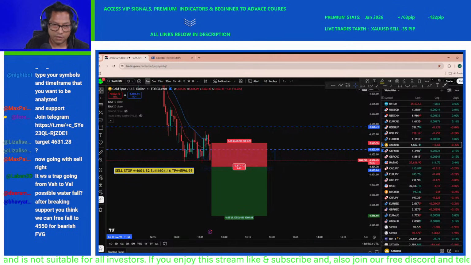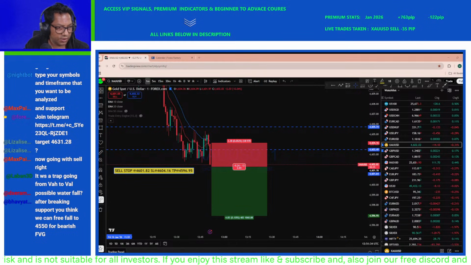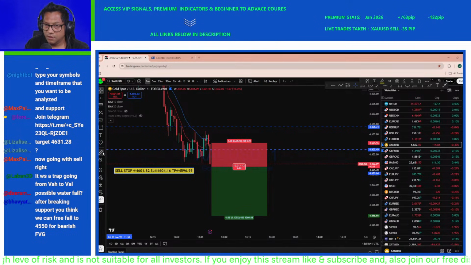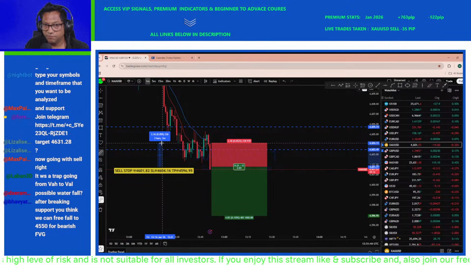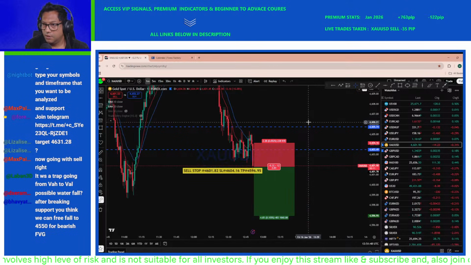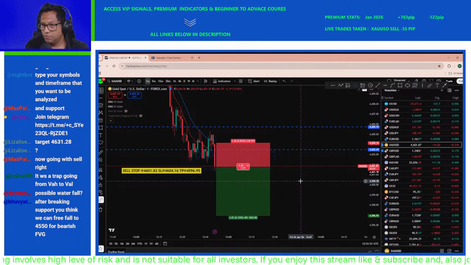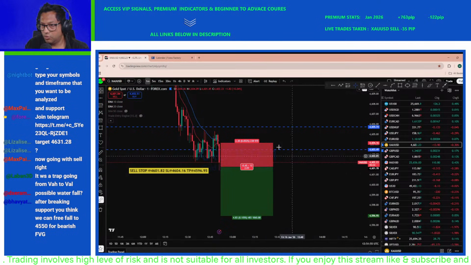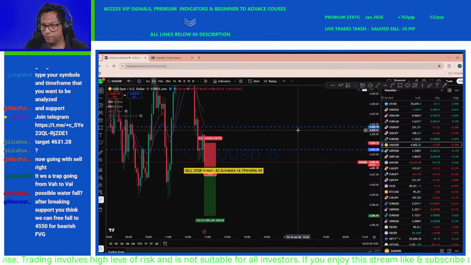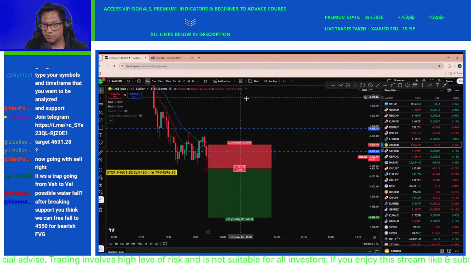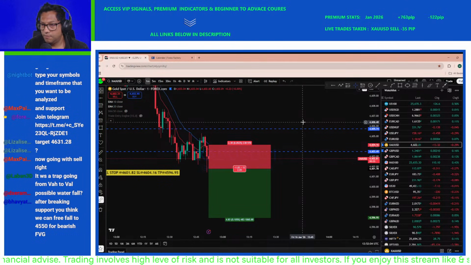Okay, so we are potentially getting a trigger here that might bring that market back below. Now the stop loss pip here is very small, only 24 pip. Might push a little bit higher, but I'll be closing as soon as it reaches enough profit target, because the stop loss pips are significantly lower.